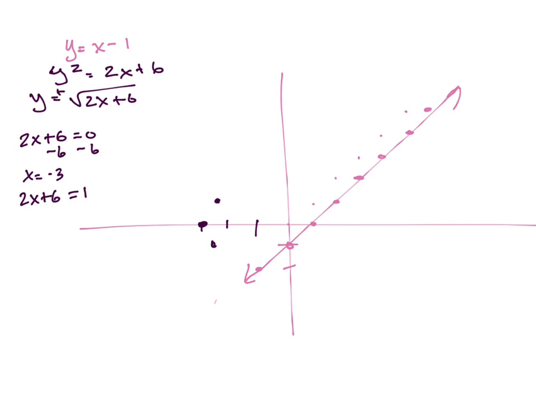Let it be plus or minus the square root so you can plot both. If I let 2x plus 6 equal 4, x equals negative 1. The output is 2, since the square root of 4 is 2.